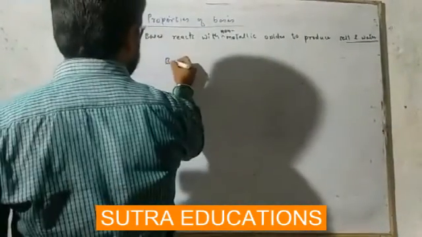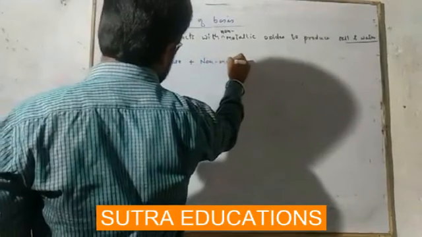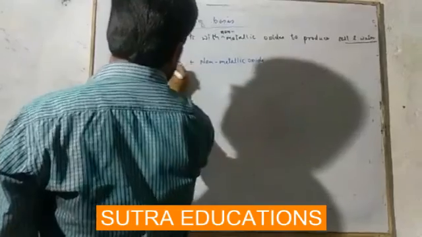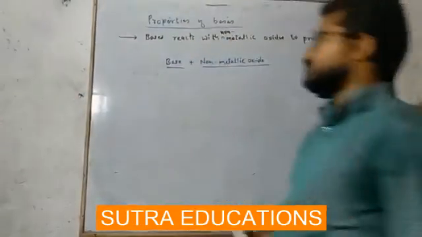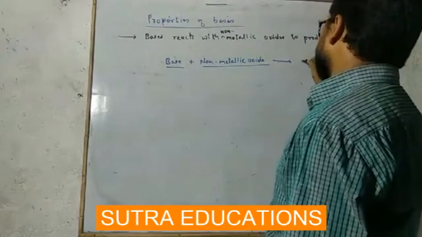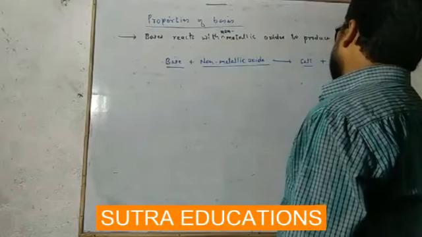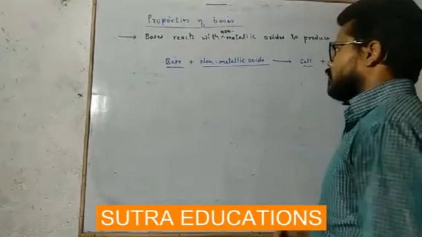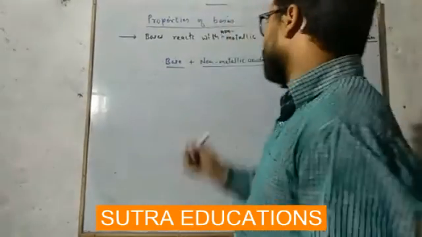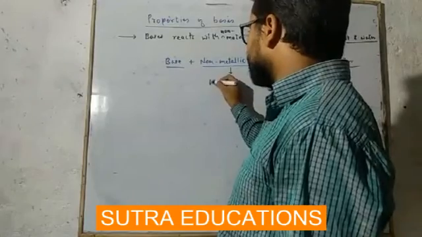So here it is base plus non-metallic oxide, and both these combine together to form salt plus water. You know, metallic oxide is basic in nature. Non-metallic oxide is acidic in nature.